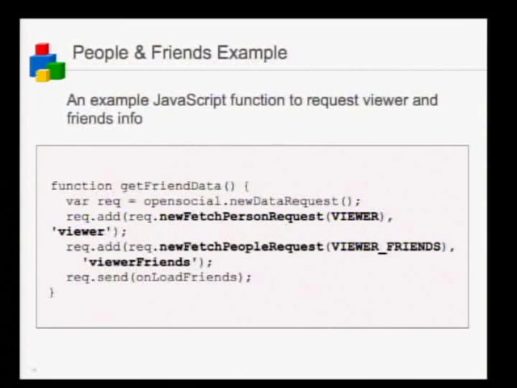Here's an example of a JavaScript function that's utilizing the Friends API, and this will go through and actually make a request for both who the viewer is, like who is viewing the application, and then also who the viewer's friends are.